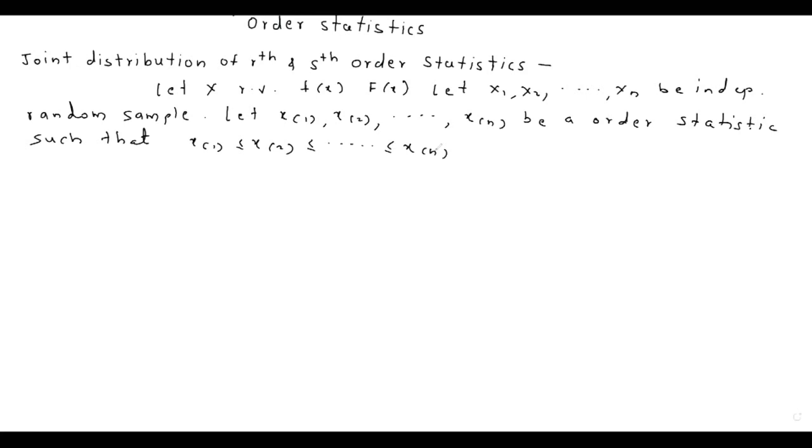The joint PDF of X of order R and X of order S is what we need to find. Here the condition is that 1 is less than or equal to R, R is less than or equal to S, and S is less than or equal to n.